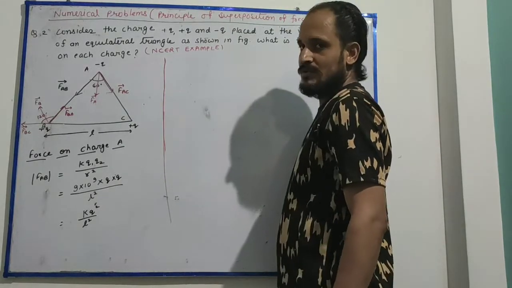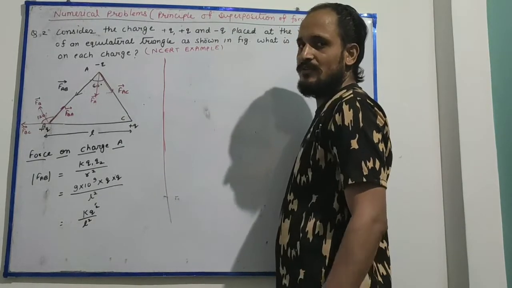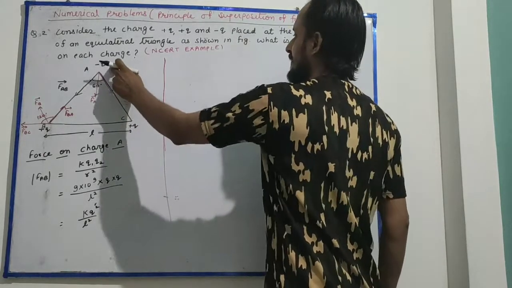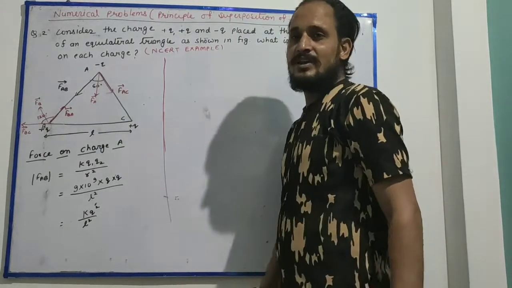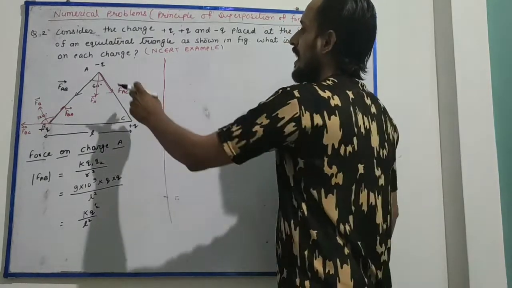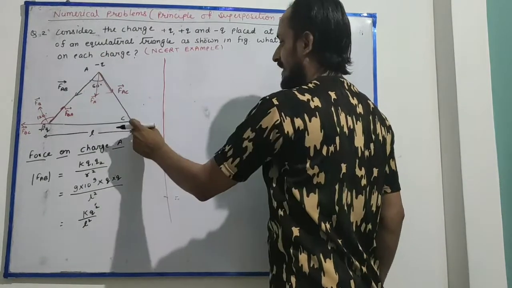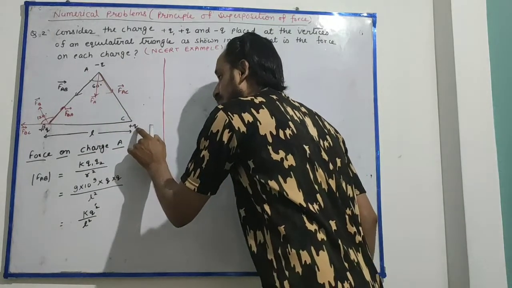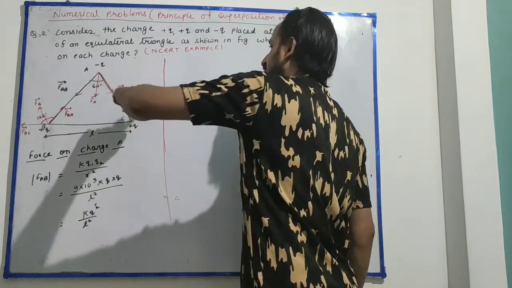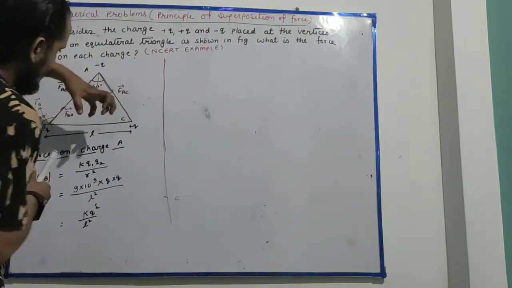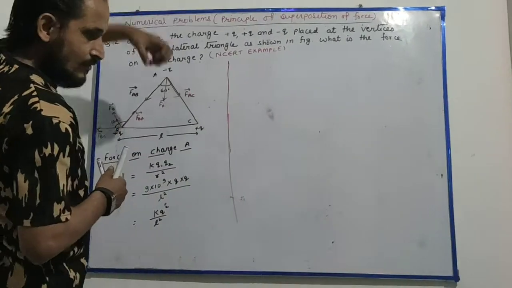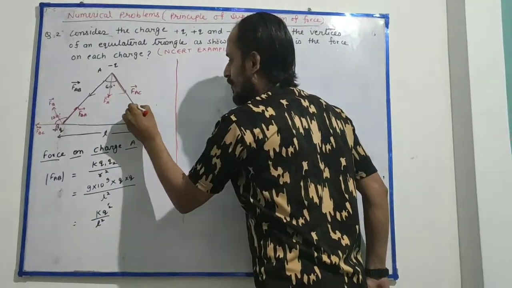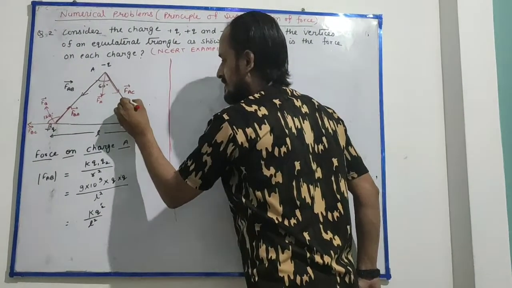To find the direction of force, we have to see whether it is attractive or repulsive. The force between both is attractive in nature, but how will this negative charge attract the positive charge? We want to find the force on plus Q charge due to this minus Q charge. How will this minus Q charge attract plus Q? Upward. So direction of force would be like this.